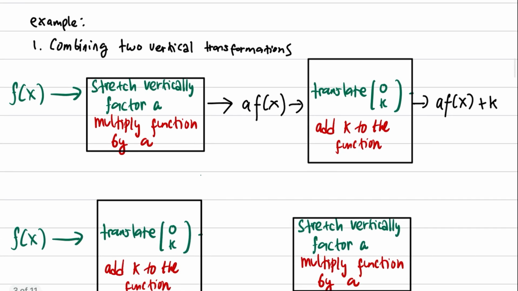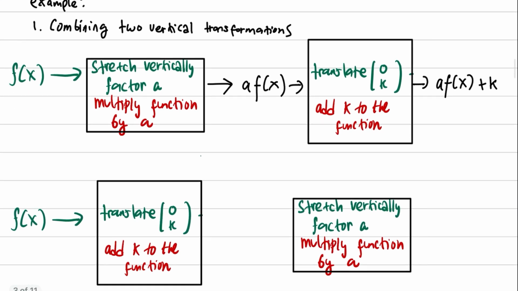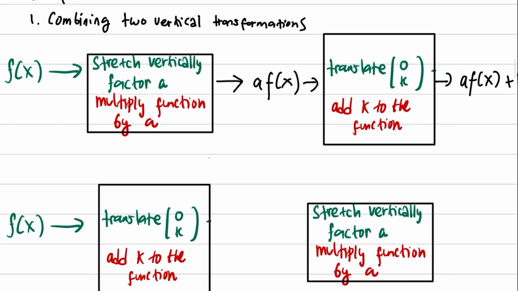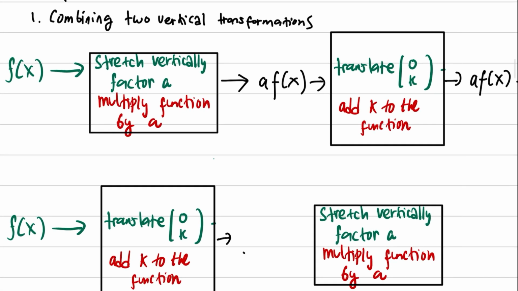What if I switch the order? I do translation first and then I do stretch after that. If you do that, we translate first means that we add the f(x) by k first, and after that, this is my new function and I stretch it vertically by factor a, we multiply my new function by a.